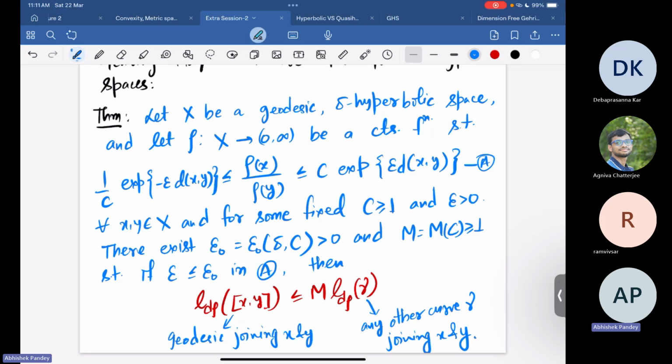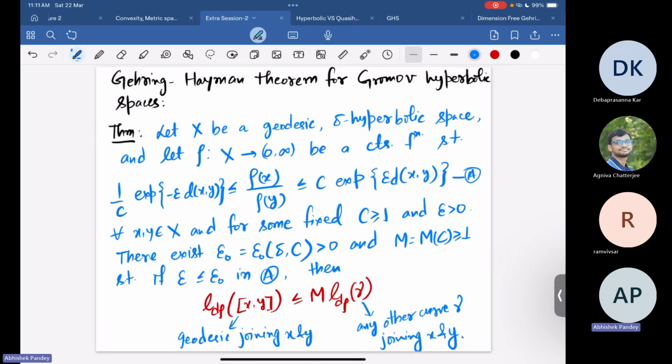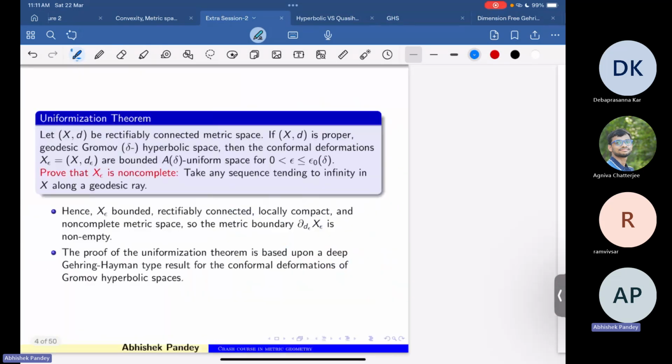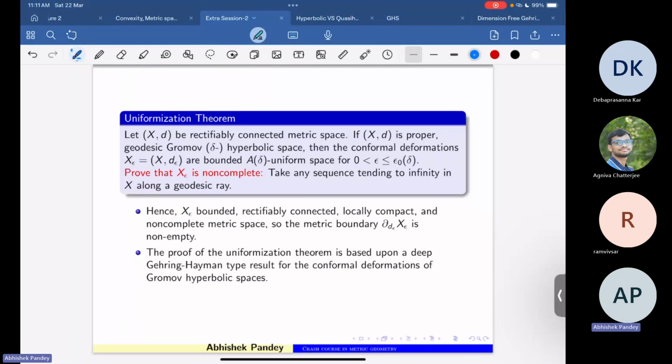We'll see this Gehring-Hayman theorem in the context of characterization again. But here, to prove the uniformization theorem, we use this theorem. The restriction in the uniformization theorem comes from the Gehring-Hayman theorem only.